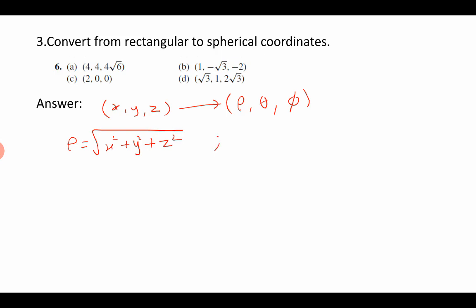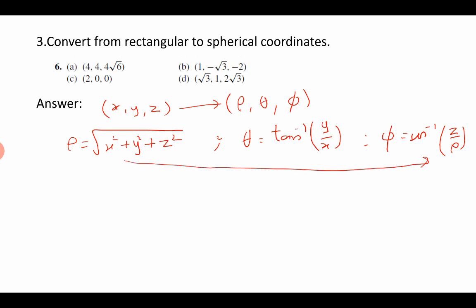And theta is usually tan inverse y over x, and phi is cosine inverse z over rho, isn't it? The rho value can be found from this, you can use it here, right?